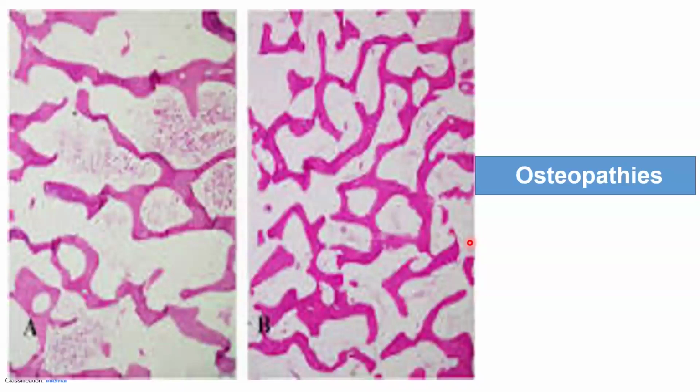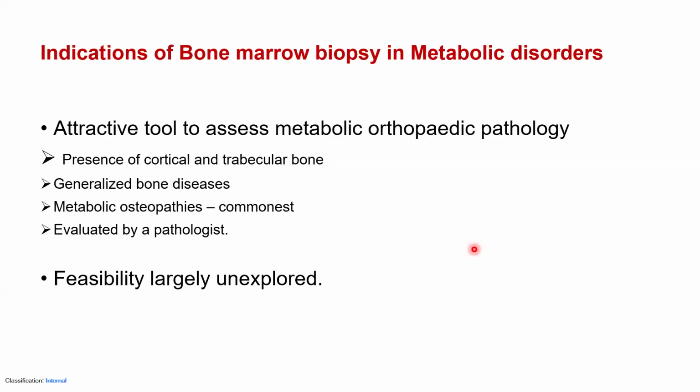Coming to the last section, that is the osteopathies. Now, osteopathies are usually underdiagnosed, and bone marrow biopsies are usually not considered for the diagnosis of metabolic disorders of the bone. However, it is an attractive tool to assess metabolic orthopedic pathology.